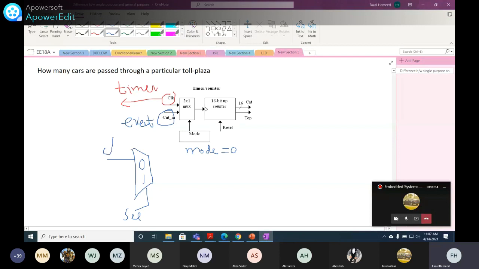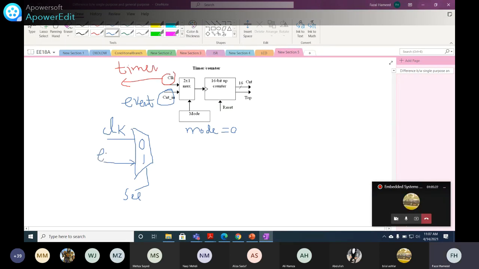If it is 0, it is counting the clock pulses, and if it is 1, it is selecting an event. So when select is equal to 0, the output of the multiplexer will be a clock. When select is equal to 1, what will be the output of the multiplexer?